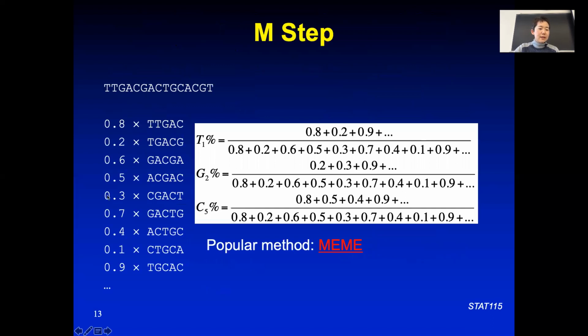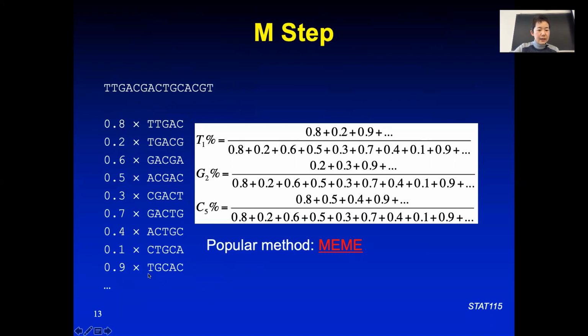Supposedly this is the sequence and this is the likelihood ratio. I'm just making up some numbers, okay? And so we ask, what is the probability of having a T in the first position? There's a T and it got a score of 0.8. Okay, that's here. The next one is a T that gets a 0.2 score, so we're going to put 0.2 here. The G's, these we don't have to care about.